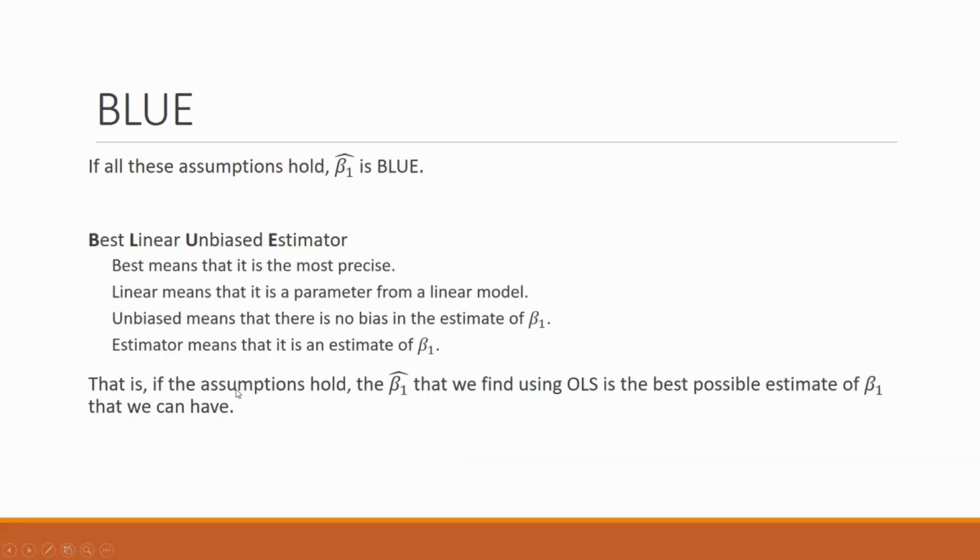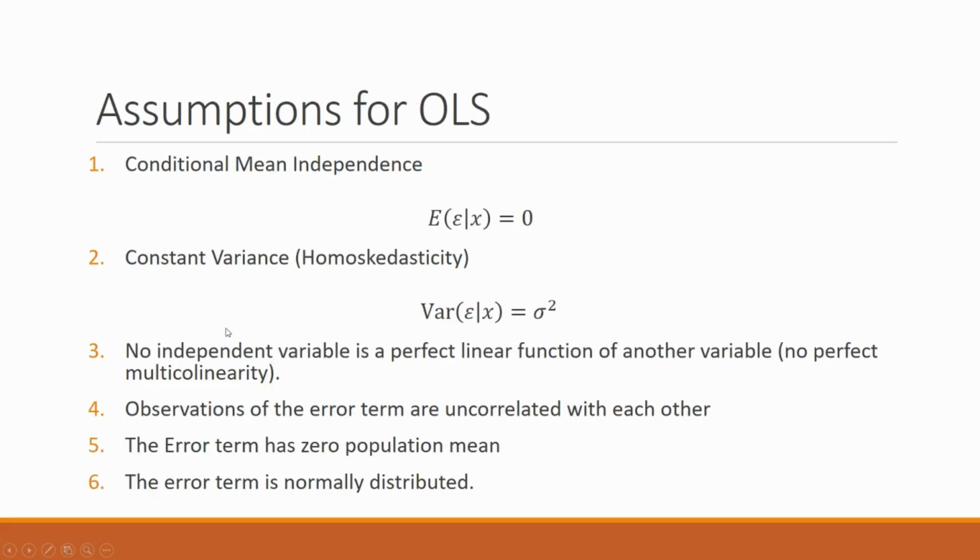If these assumptions hold, then beta 1 hat is the best possible estimate of beta 1 that we can have. So it's important that these assumptions do hold. We're going to spend the next 3 lectures talking about the assumptions that are most likely not to hold and the implications if they don't hold. What are the implications, what problems does it create, and how do we solve them?